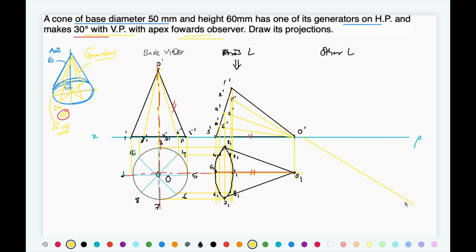So let's draw this 30° line, and on this line we need to mark the point. Let's say this is 5 1 and this is O1, and then locate all other remaining points.